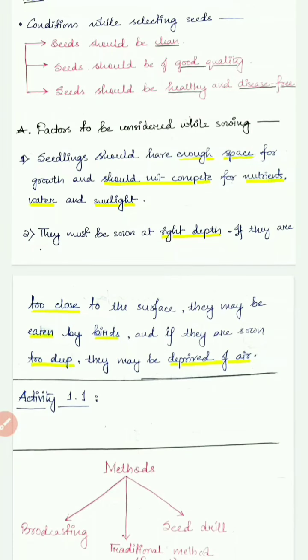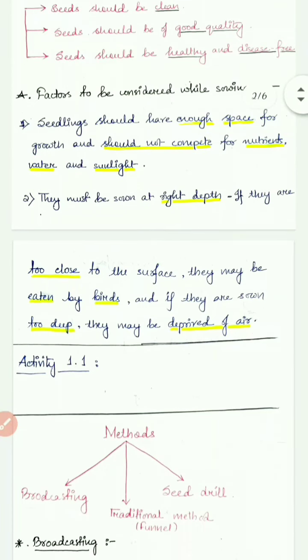While you start sowing, if you keep randomly sowing the seeds, what will happen? The seeds will not get enough space. They might be uneven somewhere. So the seeds will not get enough space for growth, and all the seeds will compete for nutrients, water and sunlight.